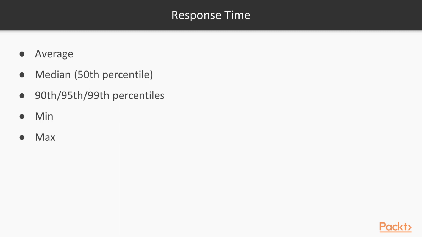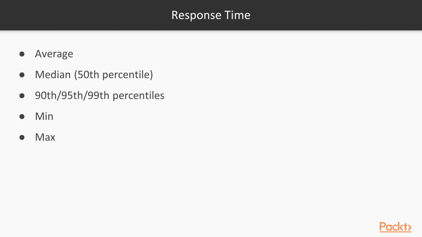Median is quite similar to average, but to get the median you need to sort your response times, for example from maximum to minimum, and take the response time that is located in the middle of your range. Also, median can be called the 50th percentile.